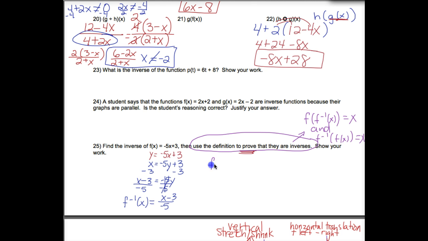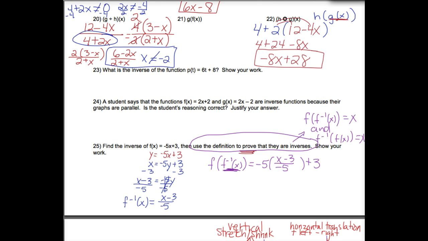So I'm going to do f of f inverse first. Remember, no magic wanding here. Outside function is my original, so negative 5, leave a hole for my x, plus 3. Inside is my inverse function, so I plug that in: x minus 3 over negative 5.